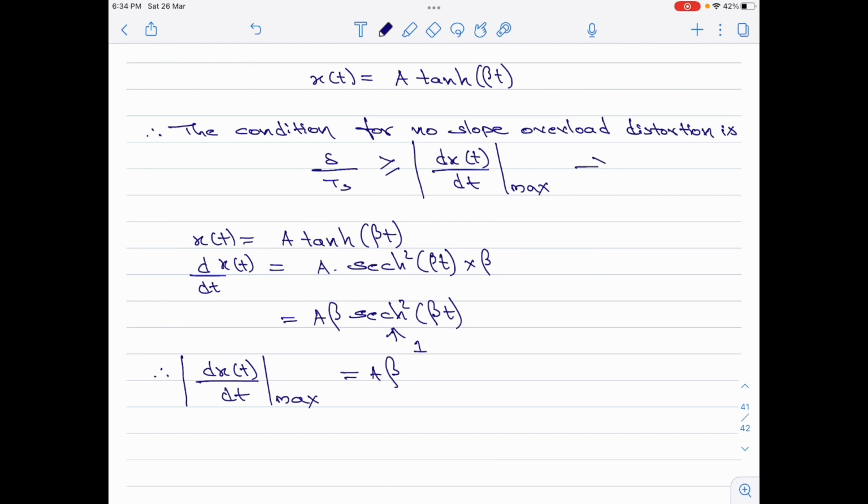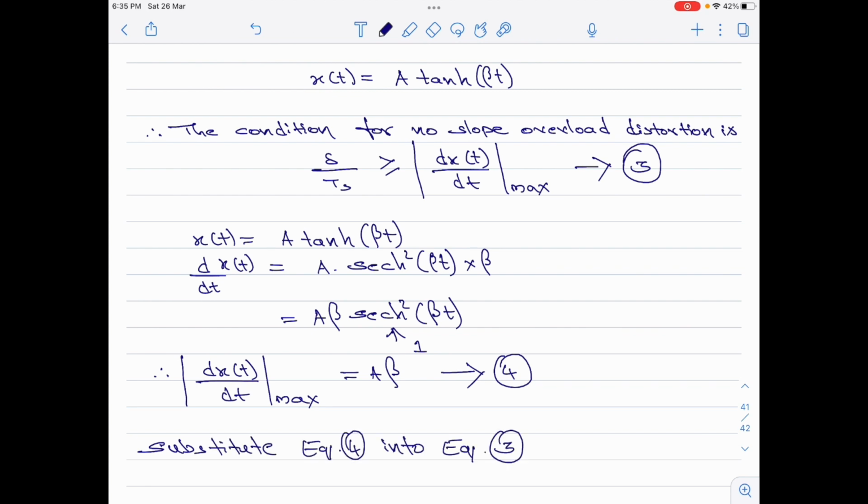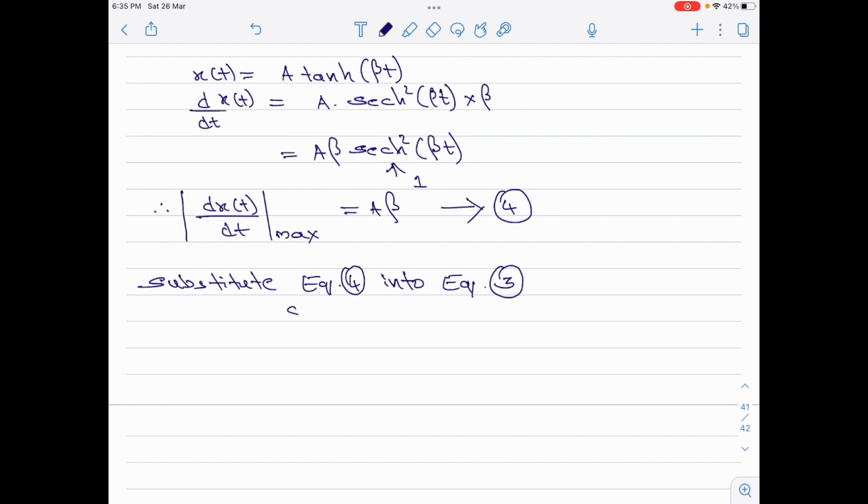Let me call this equation 3, which is the condition for no slope overload, and call this, which is the maximum value of magnitude of dx of t by dt, equation 4. I will now substitute equation 4 into equation 3. That is delta divided by Ts greater than or equal to A into beta.